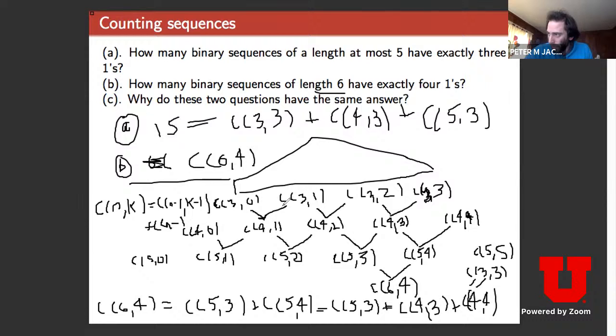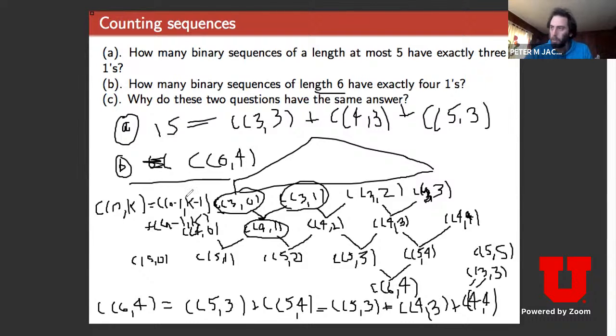Basically, this is true because of Pascal's equality, and Pascal's equality is what yields this triangle.